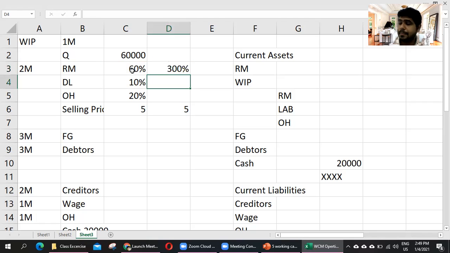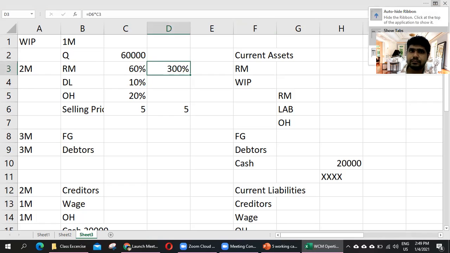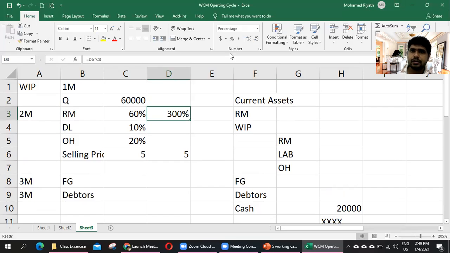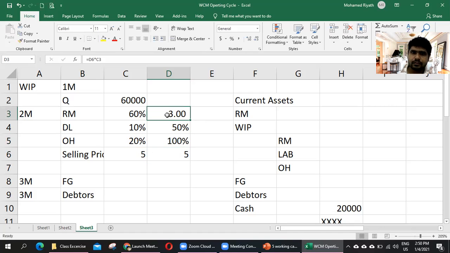How much? 3. Good. Then 10% is direct labor and overhead. Clear?